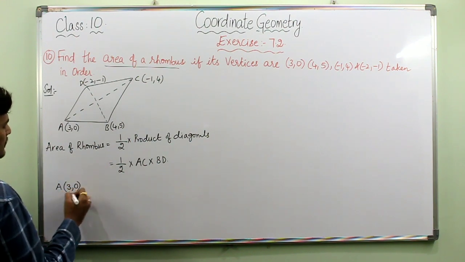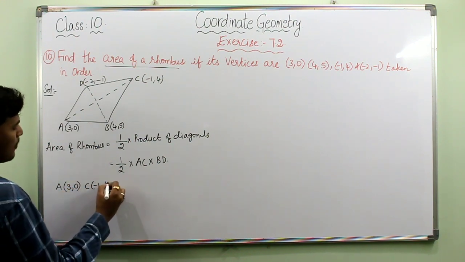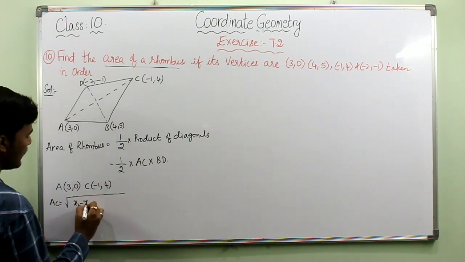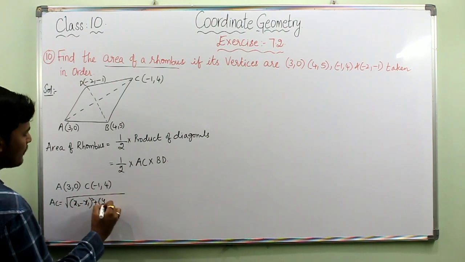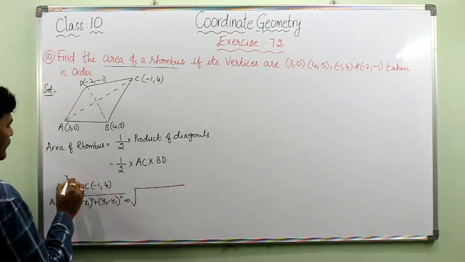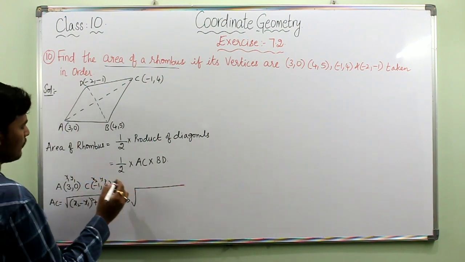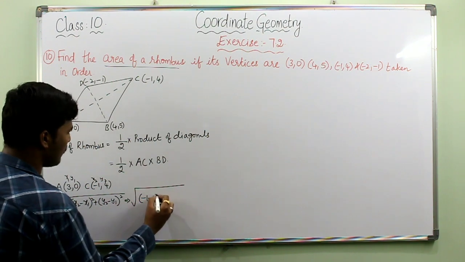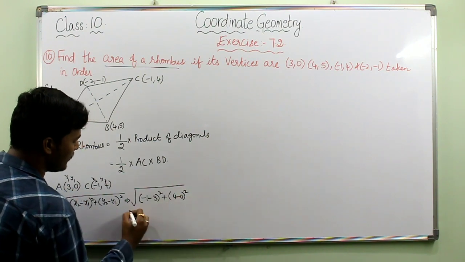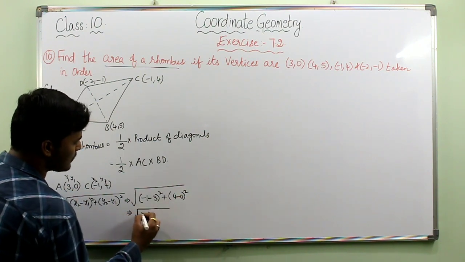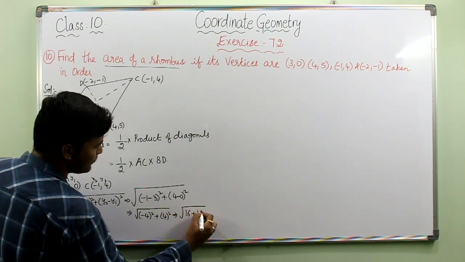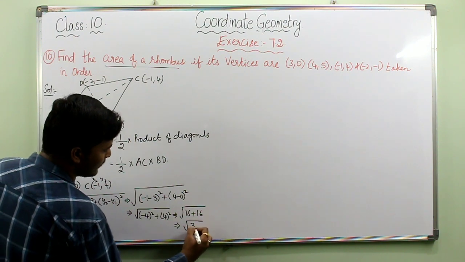A is 3 comma 0 and C is minus 1 comma 4. The distance AC is given by square root of x2 minus x1 whole square plus y2 minus y1 whole square, that is minus 1 minus 3 whole square plus 4 minus 0 whole square. This will become square root of minus 4 whole square plus 4 whole square, that is 16 plus 16, that is square root of 32.